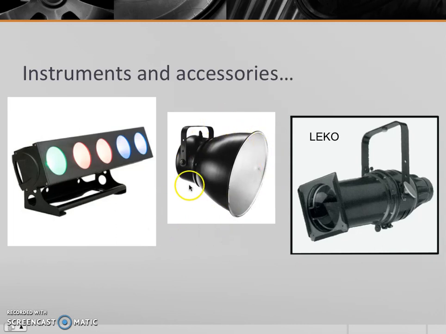The scoop is a floodlight using a 1,000-watt lamp, very bright, and provides a general wash of light. The ERS, or Lekko, which is a brand name, meaning Leko, an ellipsoidal reflector spotlight, is the most commonly used light. It's a true spotlight, sharp-edged, and can focus and frame light with shutters inserted on the front edge here.